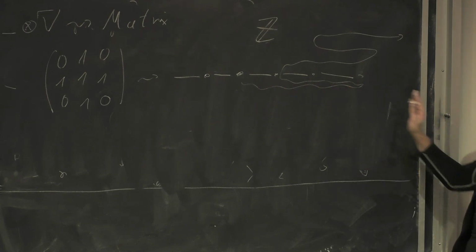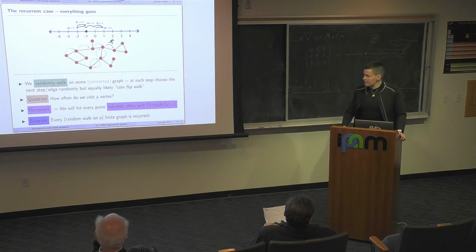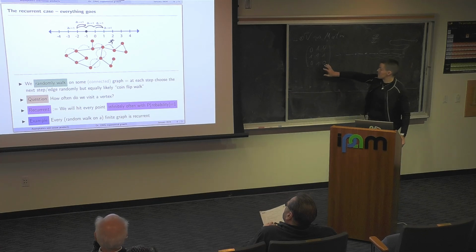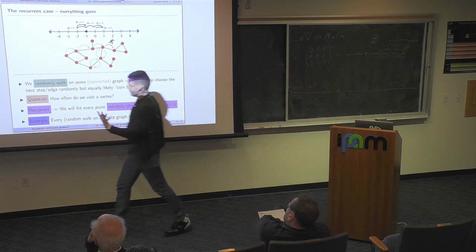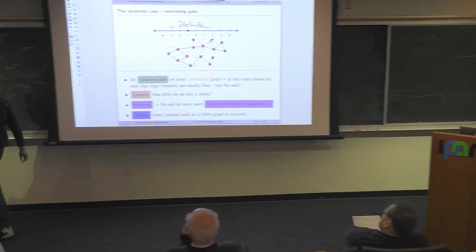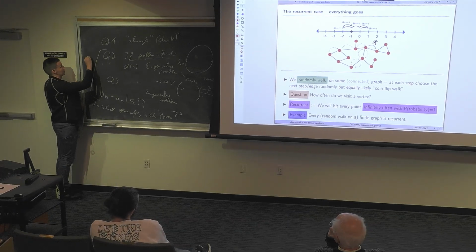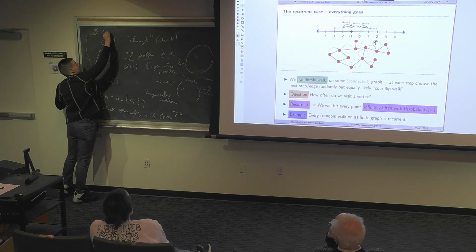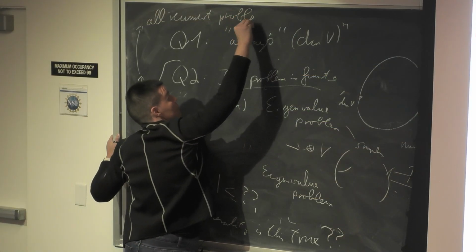Transient means you go away from the origin. And it turns out that the problem before has an answer whenever your problem is recurrent. So those results work for all recurrent problems.